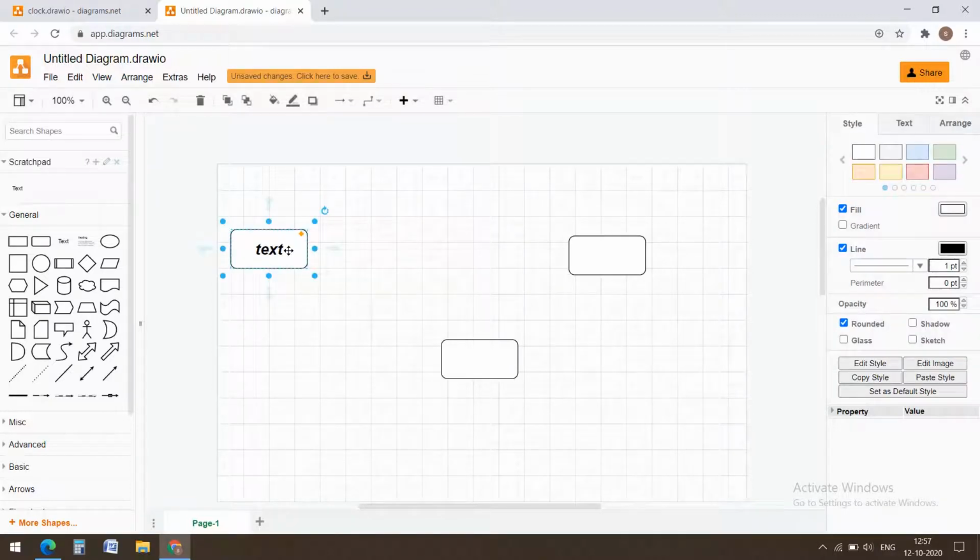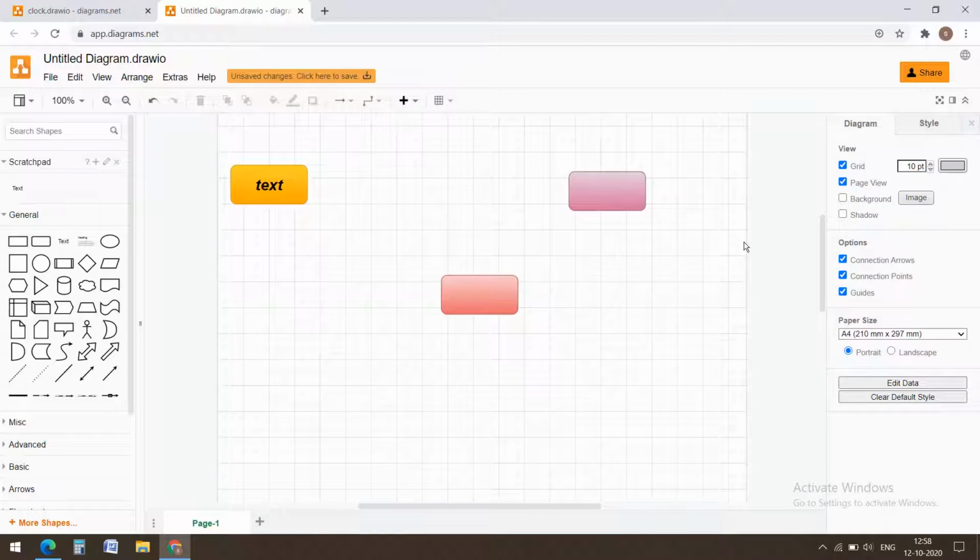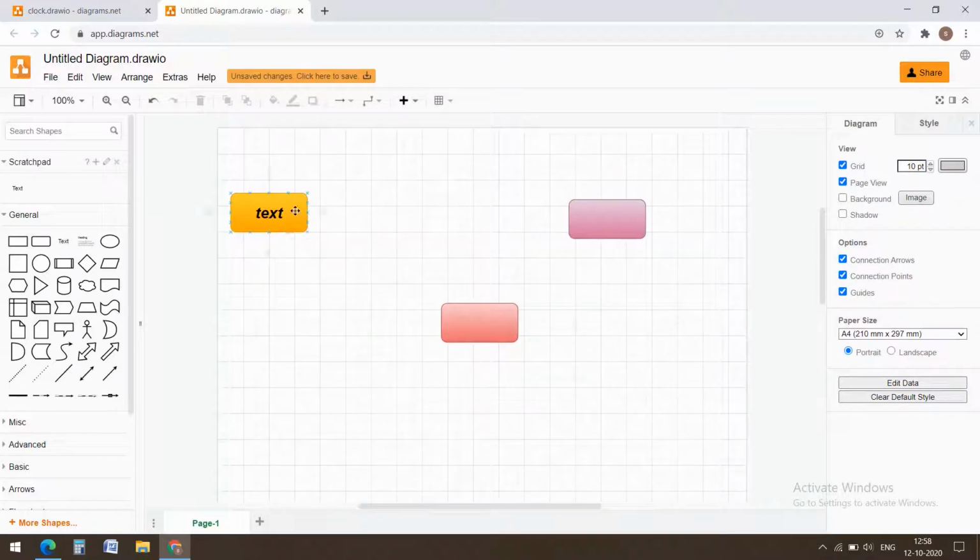And for this box, we can add the colors here like this. So this is a cool tool for us to create the block diagrams. It makes our work simple.